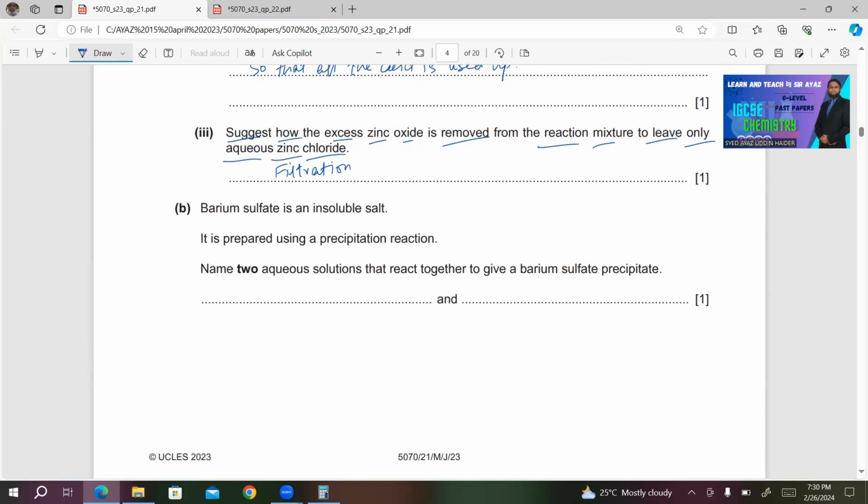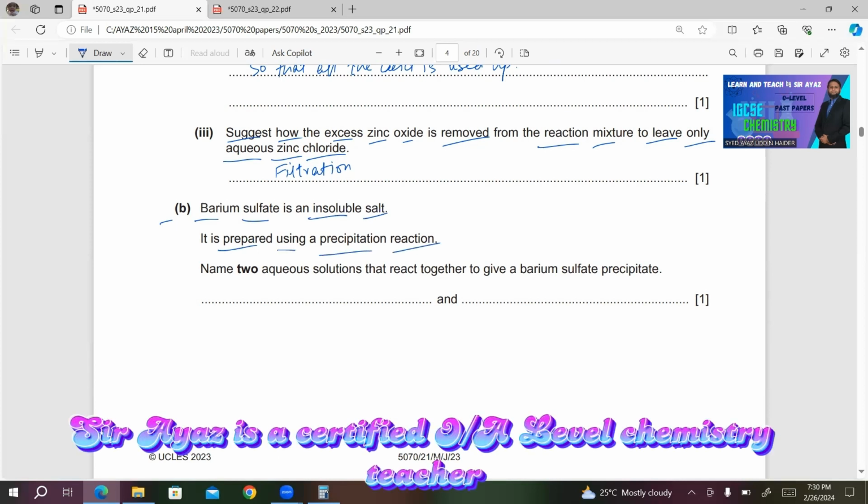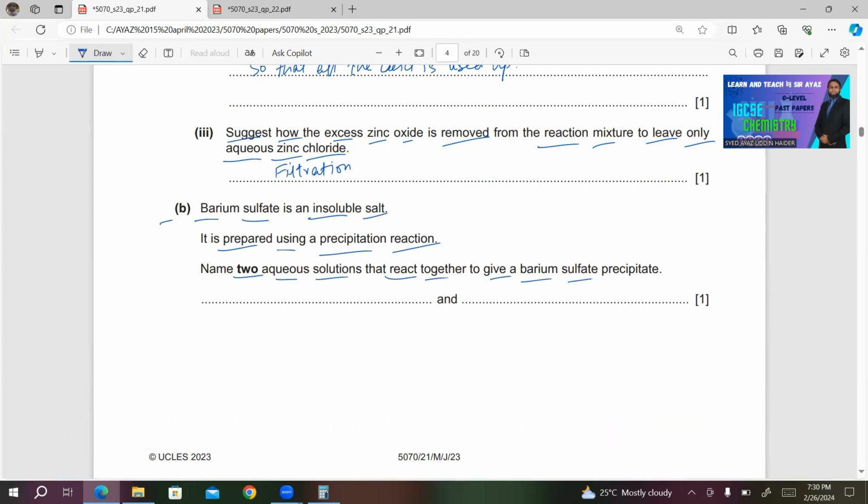Part B. Barium sulfate is an insoluble salt. It is prepared using a precipitation reaction. Name 2 aqueous solutions that react together to give a barium sulfate precipitate. So we have to start with any soluble salt of barium, like barium nitrate or barium chloride. Both of these are soluble.